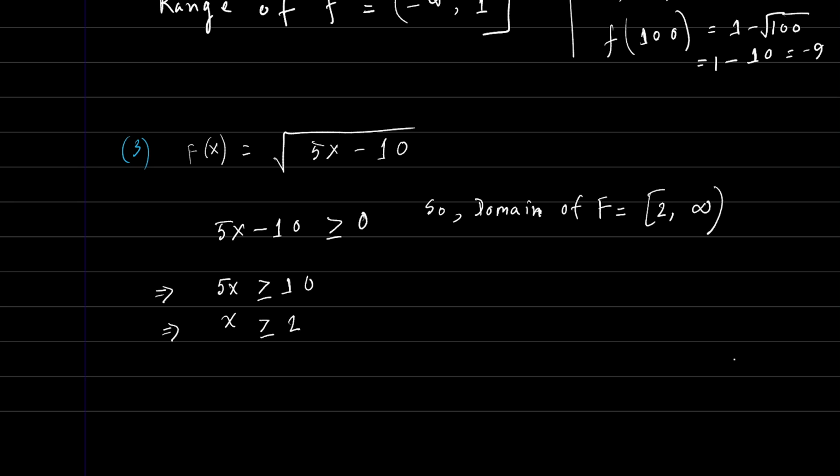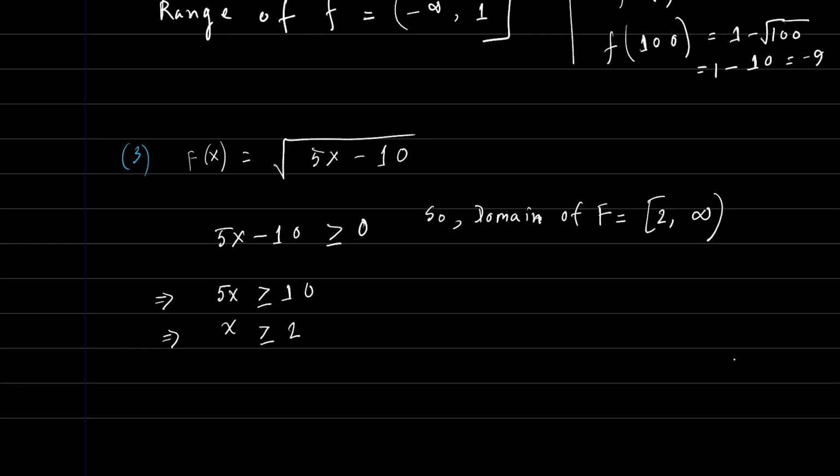So what about the range? Let's check some values. The square root of 5x minus 10 for the value 2: f of 2 is 0.